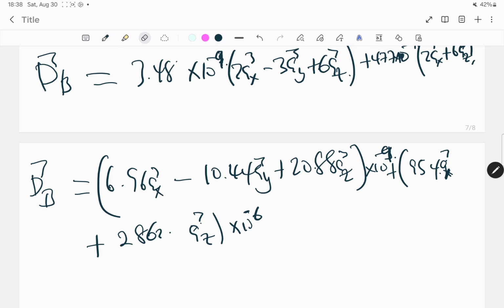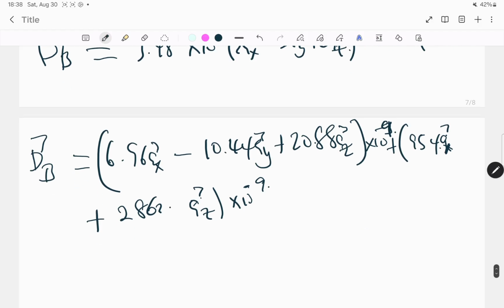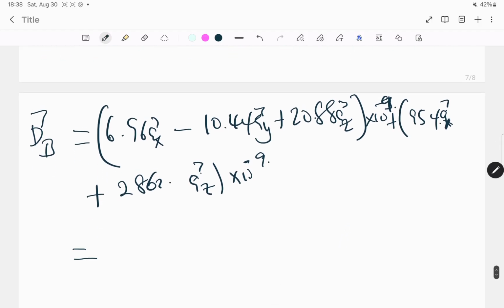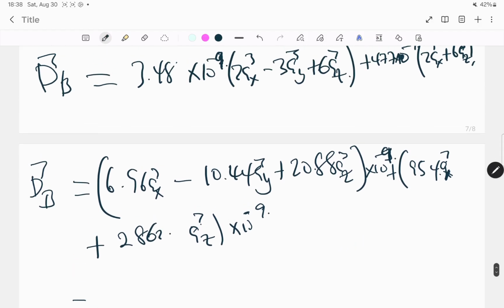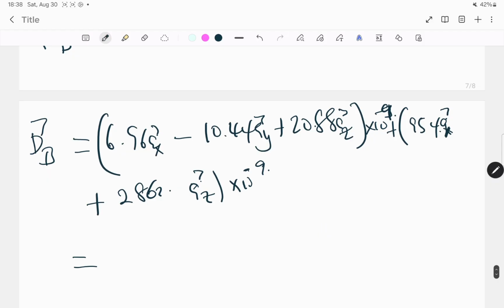So I have this here will be 10 raised to the power minus 9. Okay, so that's the term. So we have something of this nature. You can see all of them are 10 raised to the power minus 9. That is nano. So I can just now expand on and add them.